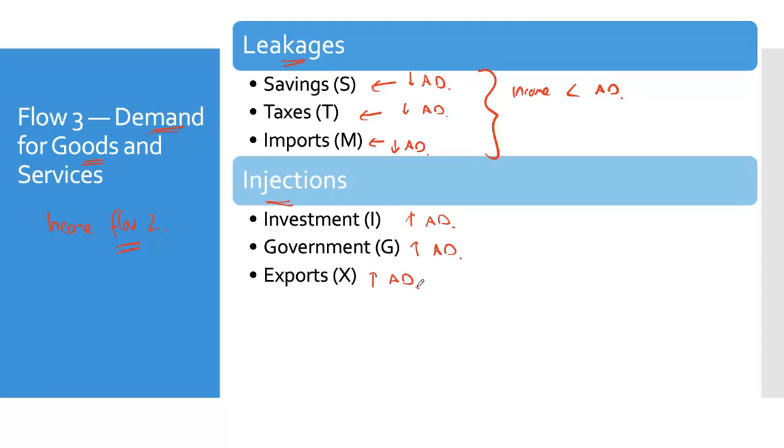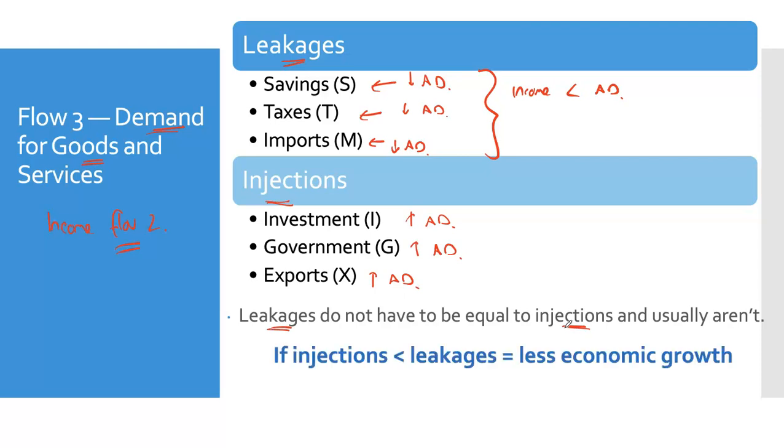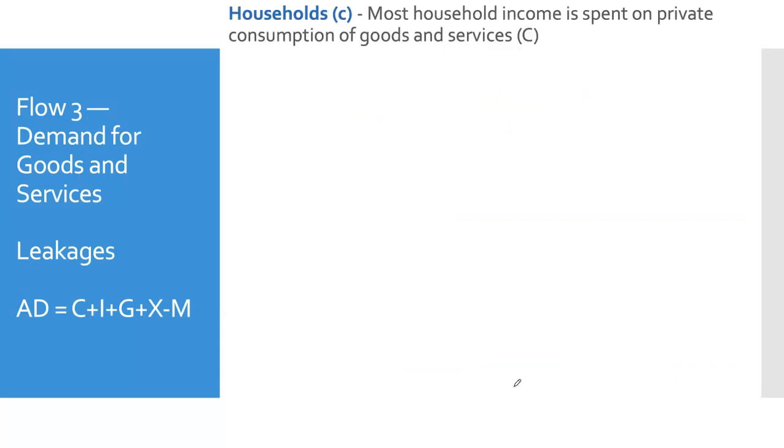So that's quite complicated, but understand that leakages do not have to be equal to injections and usually aren't. If the injections of demand are less than your leakages, you've got more leakages than injections, you're going to have less economic growth than potentially you could have. If the injections are greater than leakages, so you've got more demand than what is leaking out, you're going to have more economic growth than you thought you would. So that's quite complicated.